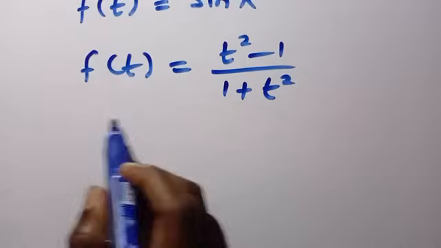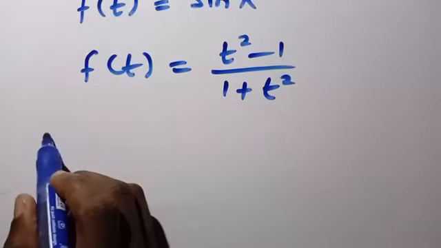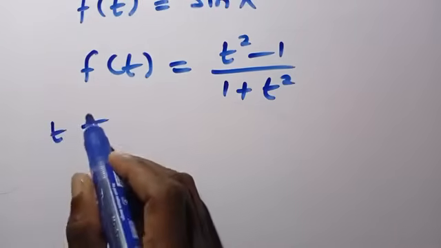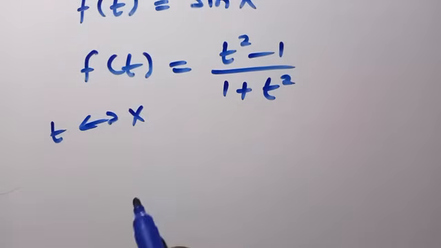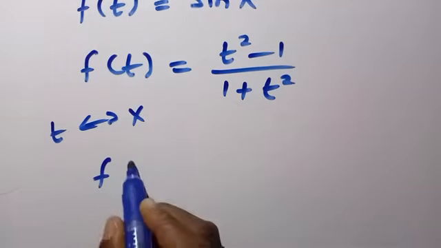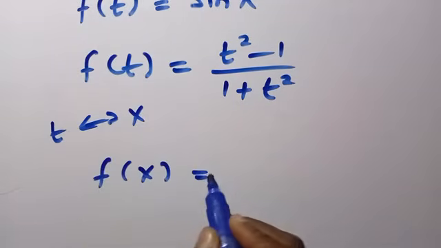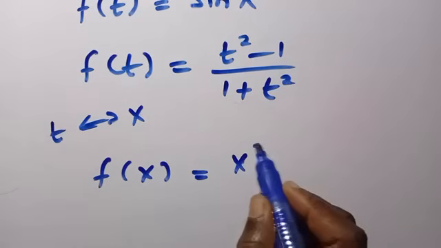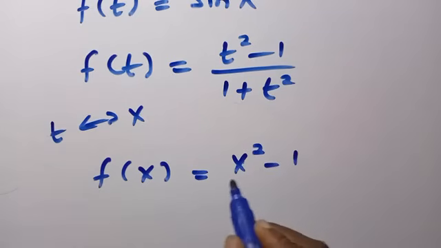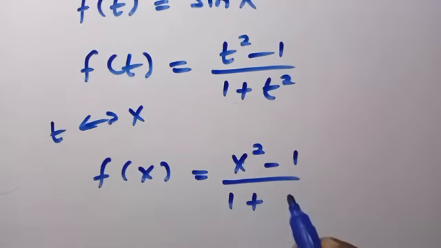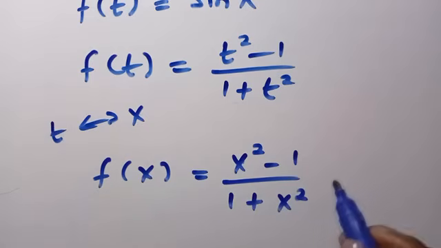Since we need to get f of x, just replace t with x. Therefore we have f of x equals x squared minus 1 divided by 1 plus x squared. This is the result of the function.